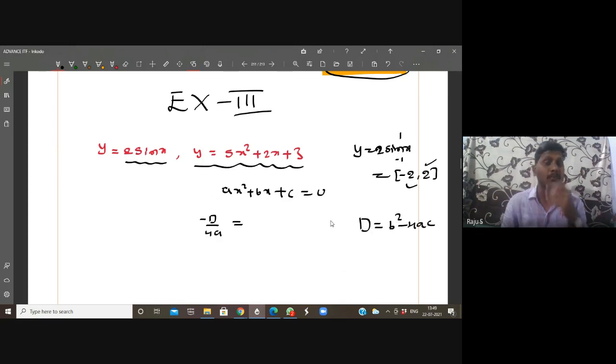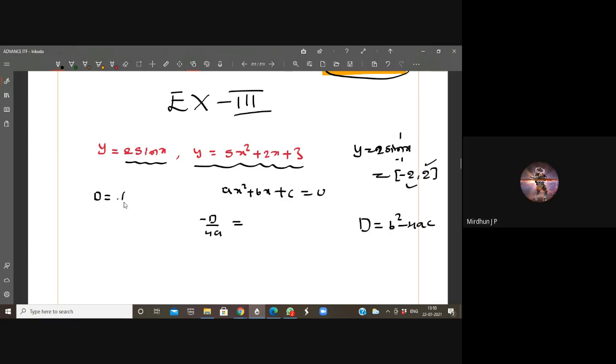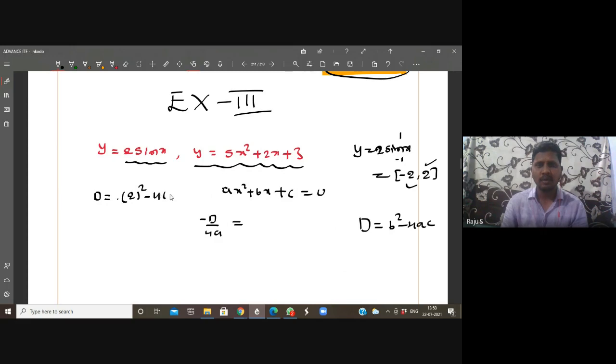Minus of minus becomes plus. So d is equal to negative 56, that is, 4 into a into 3. So what does minus d by 4a represent, minimum or maximum?